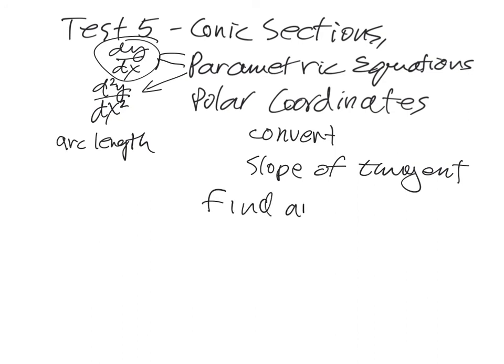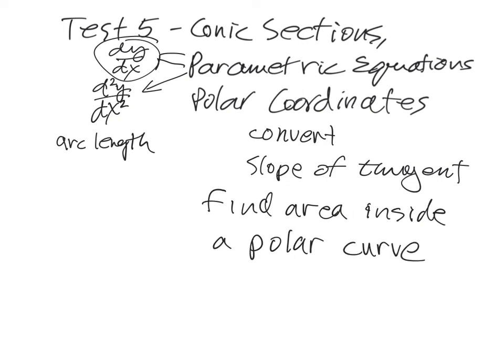And then finally, the area problems. Find area inside maybe the entire graph or a portion of the graph, given the polar form. And area, it's not just f of x times dx, but it would be what?